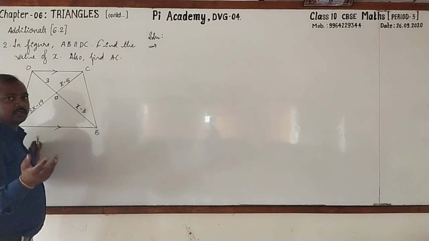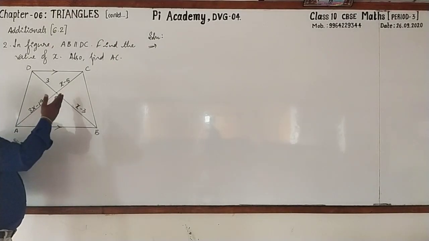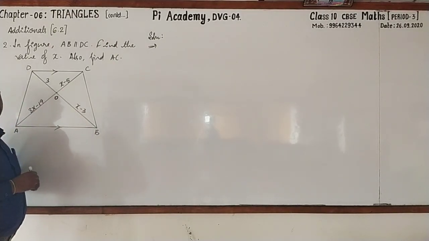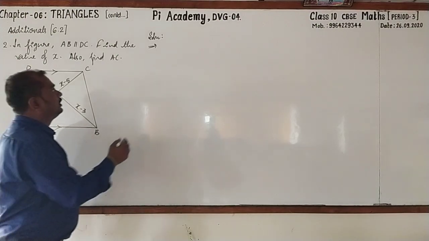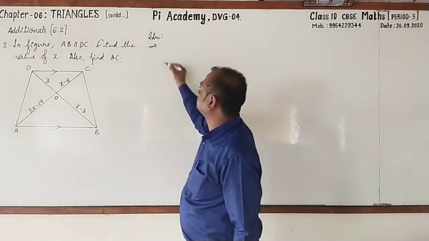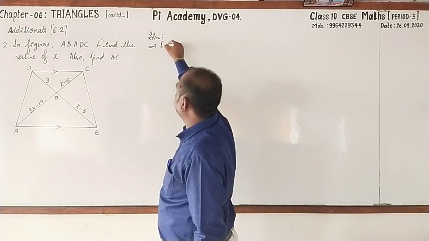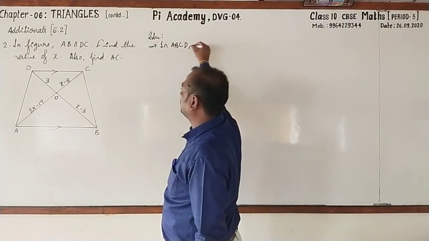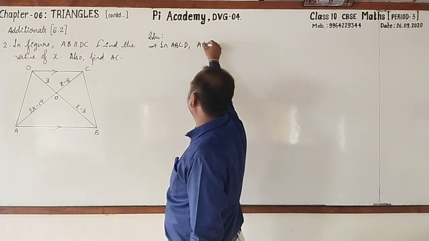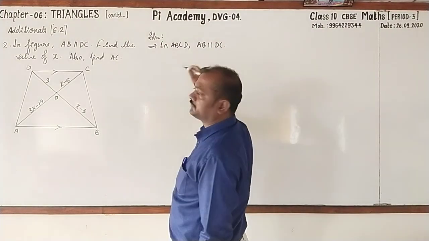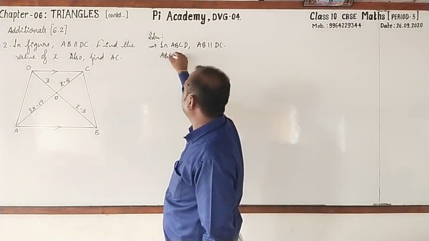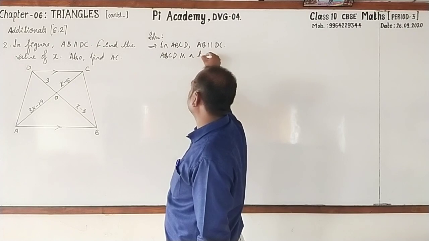That is, diagonals of a trapezium intersect each other proportionately. Followed? Here I write. So in ABCD, AB parallel to DC. Therefore, ABCD is a trapezium.